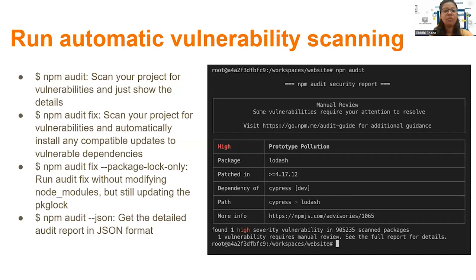Another one is npm audit fix --package-lock-only. This will run audit fix without modifying node_modules but still updating the package-lock file. Then you can get a JSON report in your console by passing the --json flag with npm audit, like the last one.